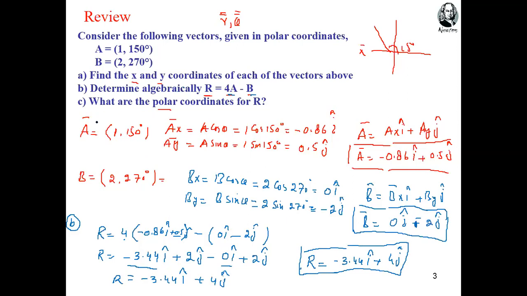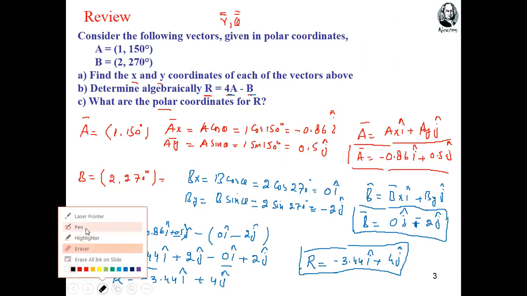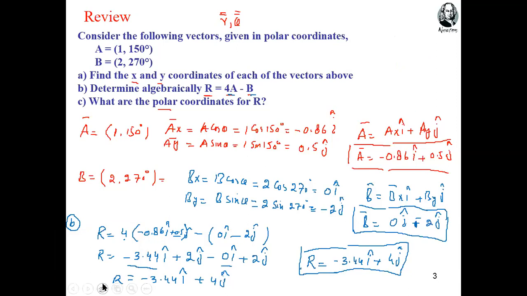Okay, third one. What are the polar coordinates for R? So we need to find polar coordinate of R. Polar coordinate means magnitude of vector R and also the angle. First of all, how we can find magnitude of R?